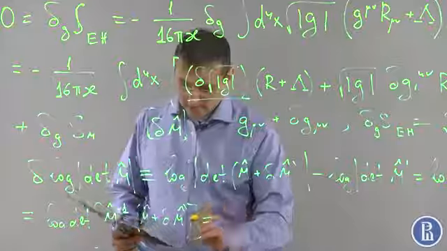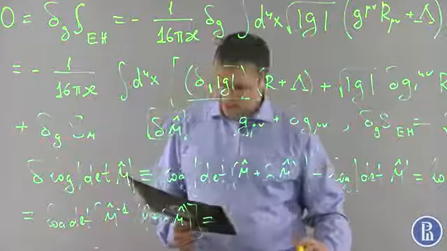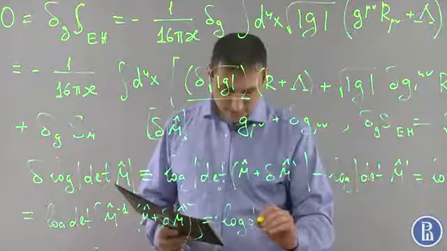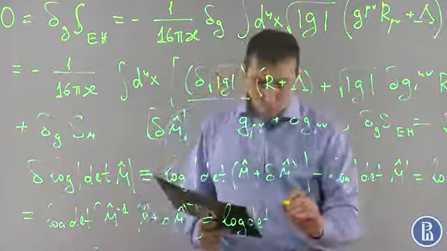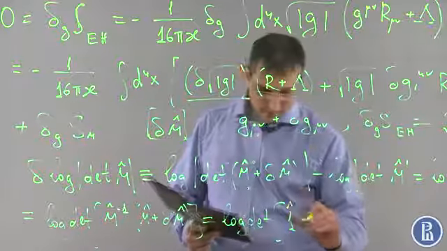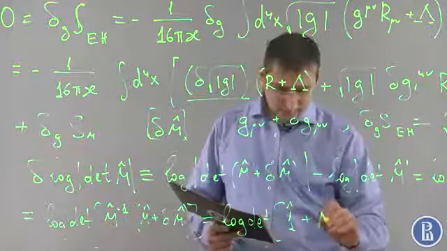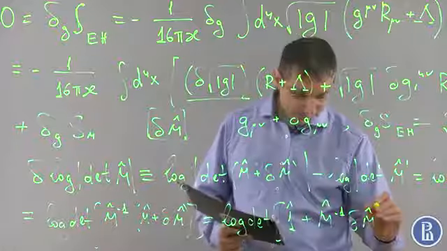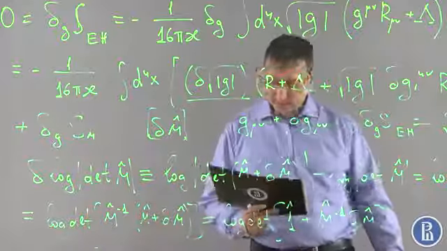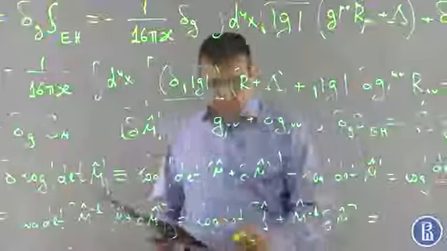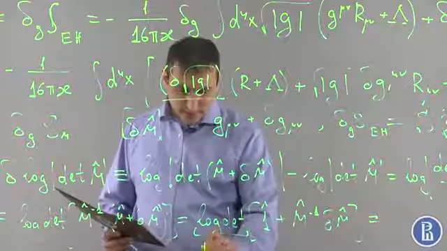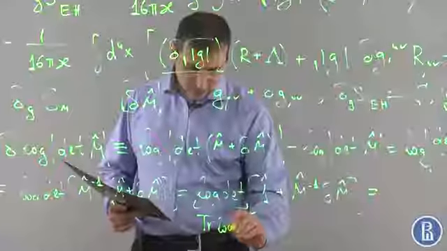Then I open up the brackets. So this is log determinant of 1, the unit matrix, plus M to the minus first power times delta M. By the property of the determinant, log determinant is nothing but trace log.